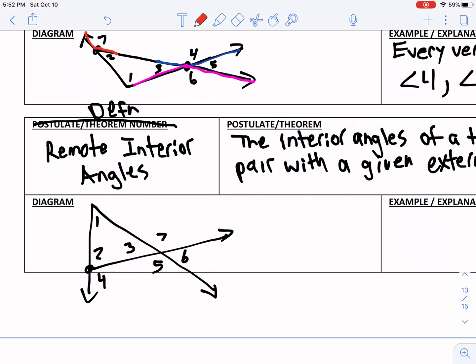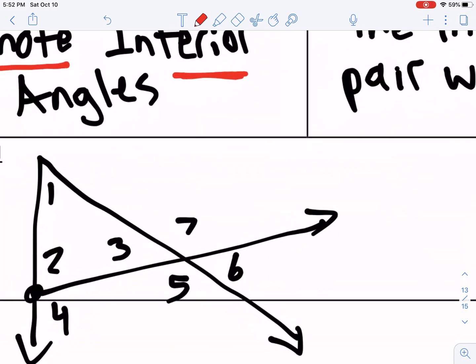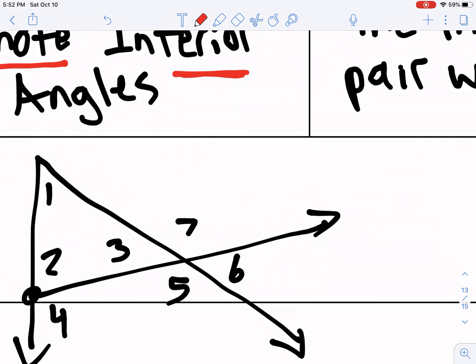Now, angles 1, 2, and 3, they're on the interior, the inside of our triangle. However, we're wanting to know the remote interior, okay? The remote interior angles are those that do not form a linear pair with 7. Well, which angle formed a linear pair with 7? 3, right? Angle 3 and angle 7 form a linear pair.